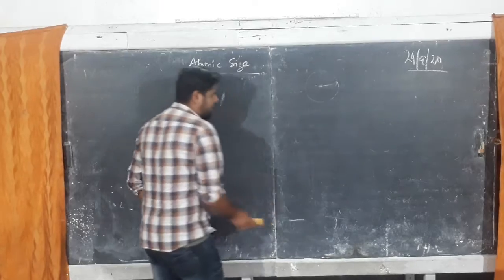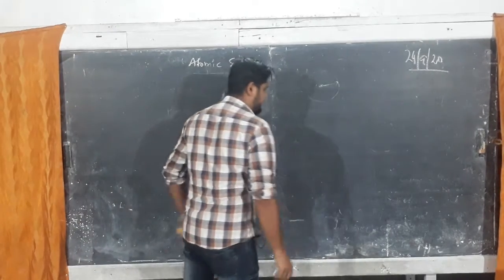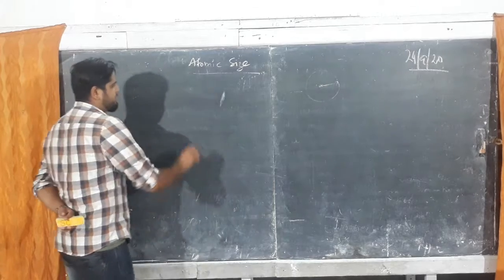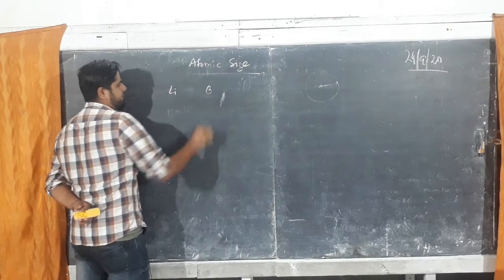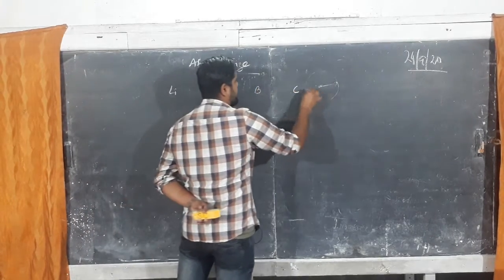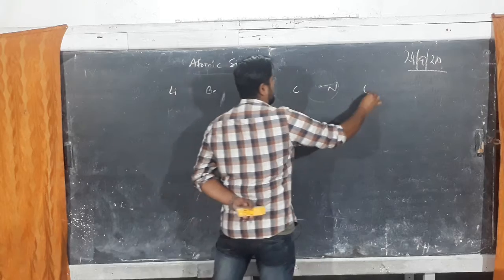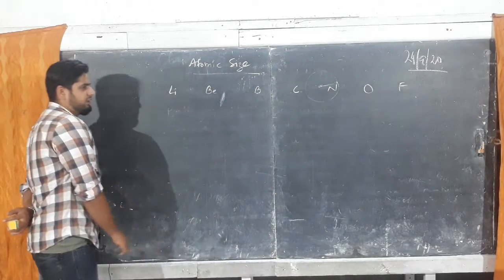Let us check what happens to the atomic size when we move from left to right of the periodic table. I will give you a simple example: lithium, beryllium, boron, carbon, nitrogen, oxygen, fluorine. Let us forget about noble gases.